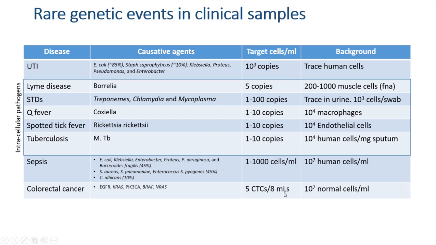And of course, the rare event here is somewhat different, right? You're really looking at the ratio of a mutation to the wild type. And whether it's circulating tumor cells or circulating nucleic acids, common tumors that people are looking for rarely hit the 1% level and can be even much rarer than that.